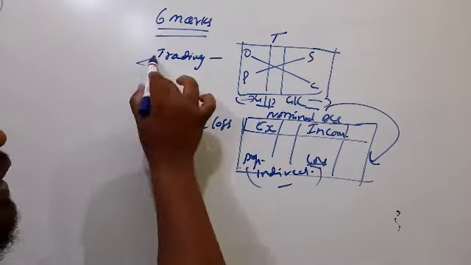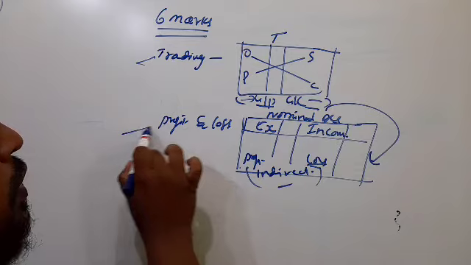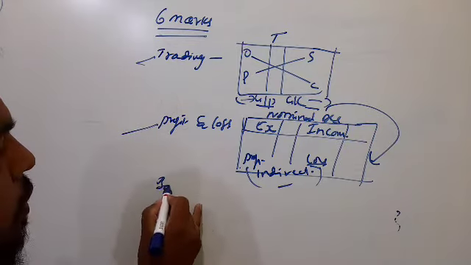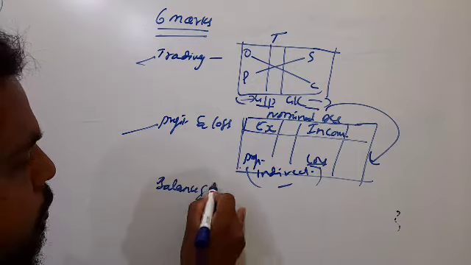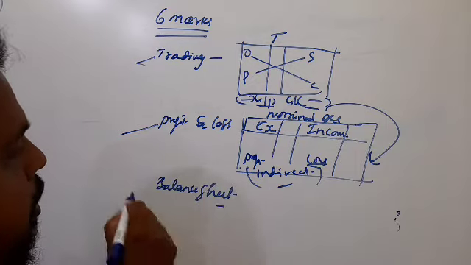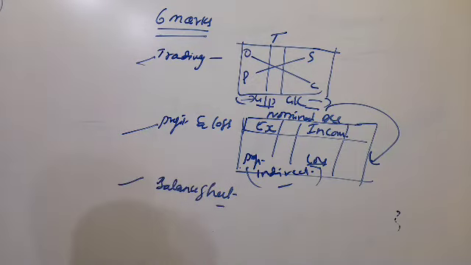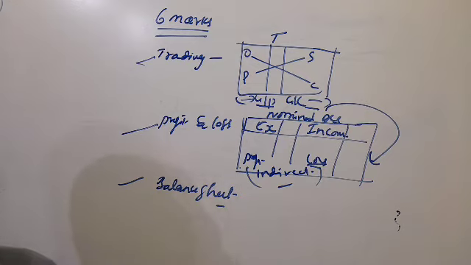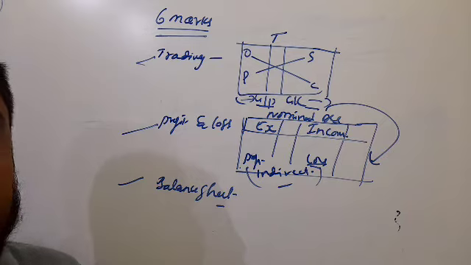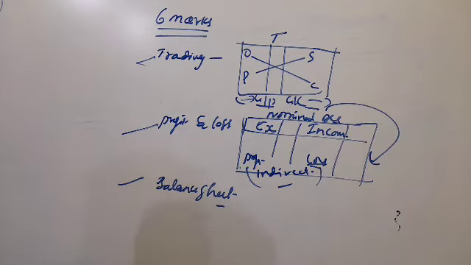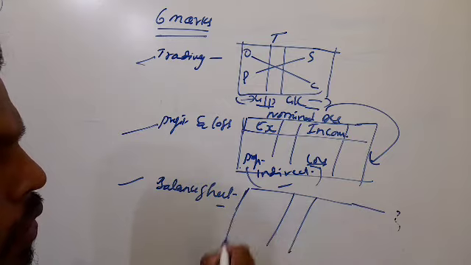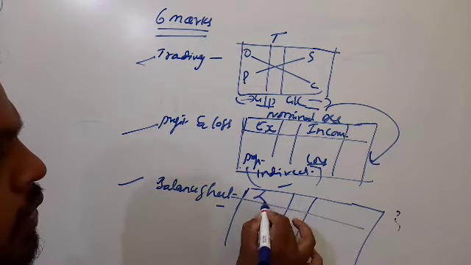Now, preparation of trading account, preparation of profit and loss account, and next, preparation of a balance sheet. A balance sheet is a statement prepared at the year end to ascertain the financial position of the business. It is prepared with the help of liabilities and assets.